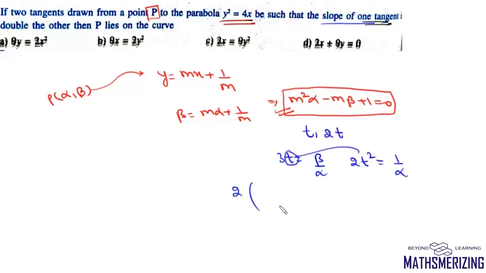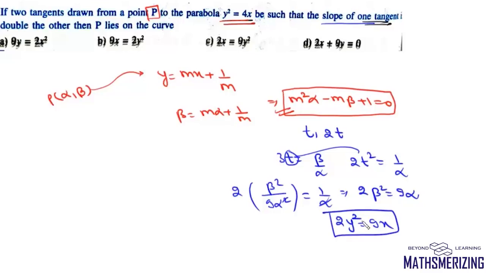So we'll get 2, and t square will be beta square upon 9 alpha square, and this is 1 upon alpha. So this equation will be 2 beta square equals 9 alpha, which is 2y square equals 9x.